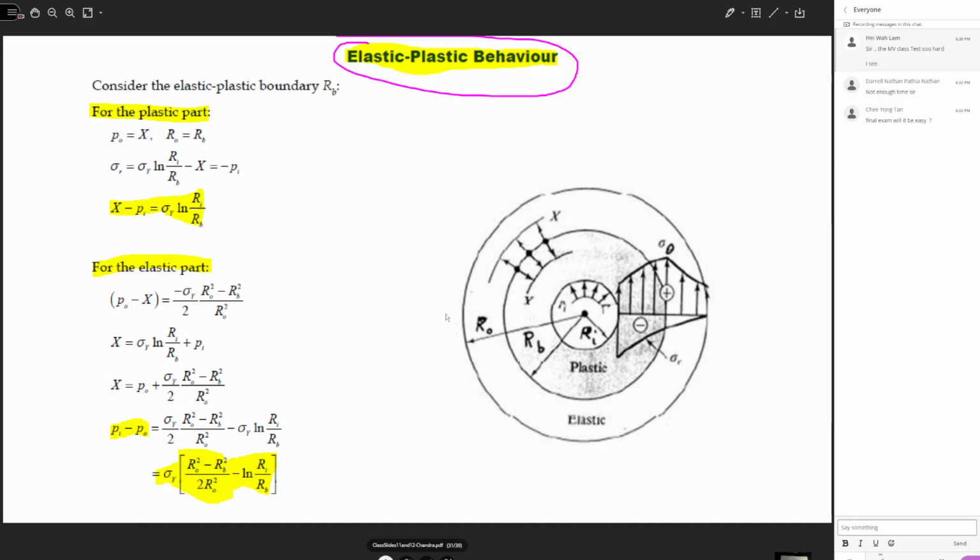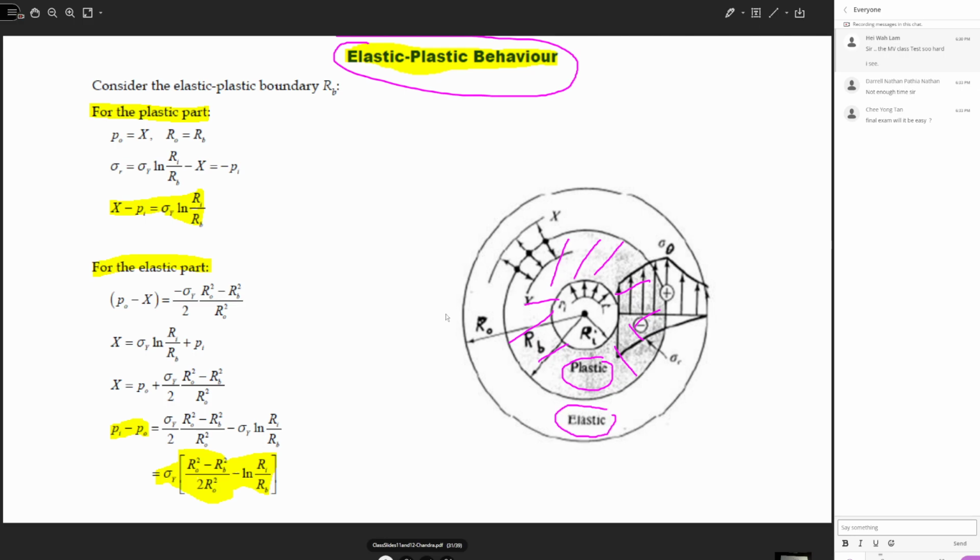You know that as the pressure increases, the yielding of the material starts from the inner part of the cylinder. So consider that all this part is under plastic. So this is plastic inside, and outer is elastic.